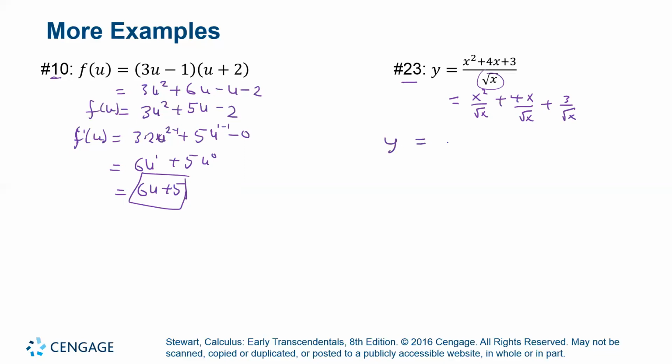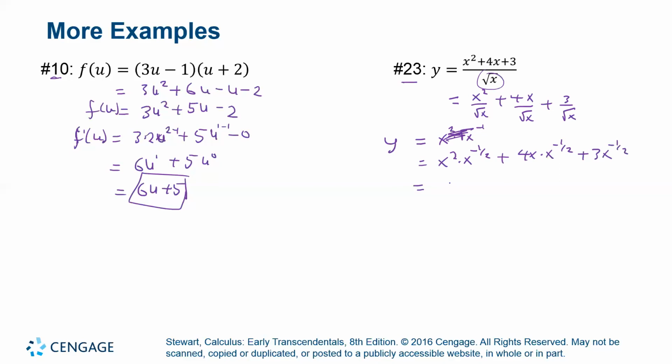Now, that gives me your y. Going to simplify each of the terms. You have x squared times 1 over square root of x. So it will be x squared times x raised to negative 1/2 plus 4x times x raised to negative 1/2. Then plus 3 times x raised to negative 1/2.